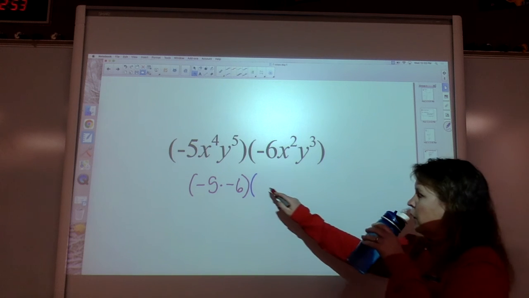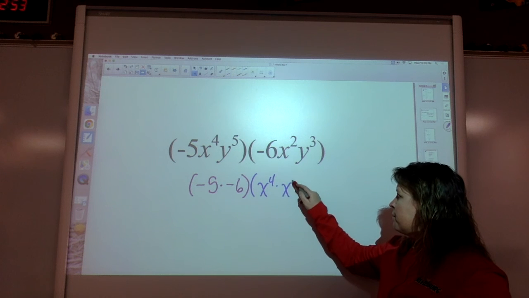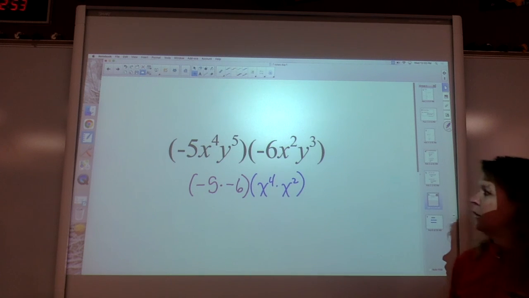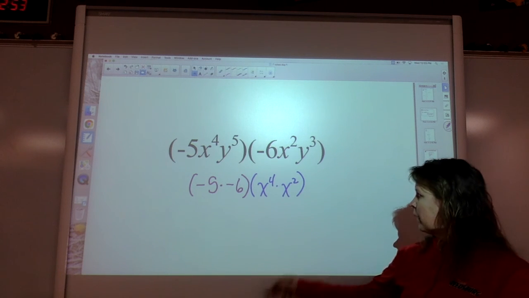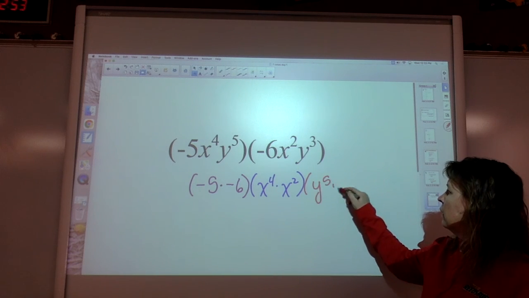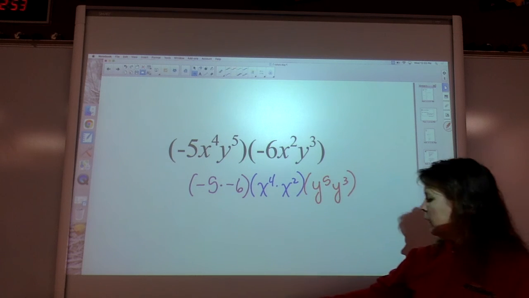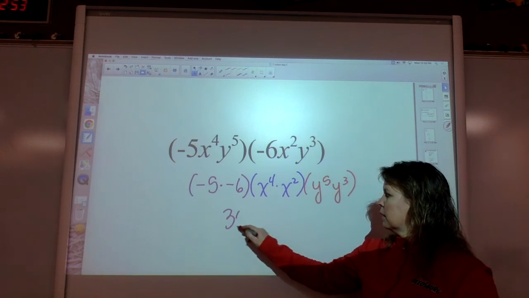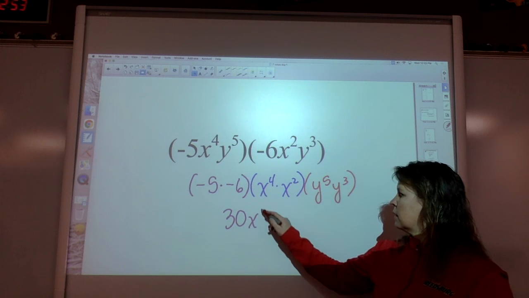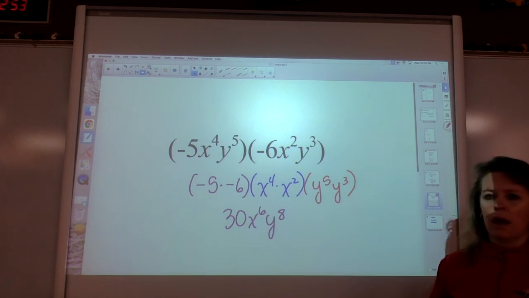Put x to the 4th times x squared in your second community. And how about y to the fifth and y to the third in your third community? And you end up with 30 x to the sixth, y to the eighth.